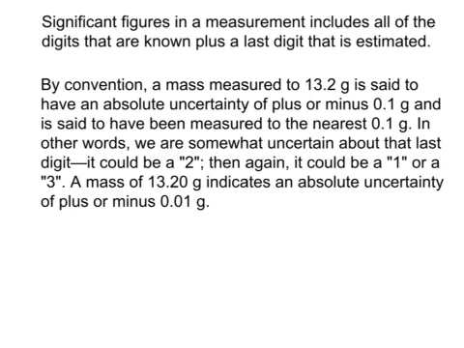This object says that it weighs 13.2 grams. Now that last 0.2 grams, because the scale only goes to one decimal place, is not a certain amount. It's an estimated amount, and it could be plus or minus 0.1 gram.